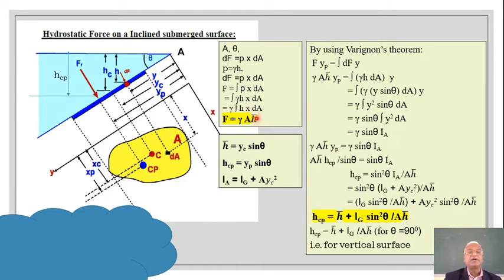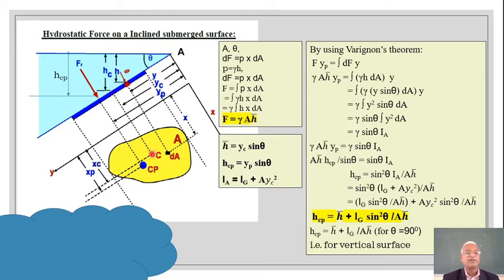H bar, HC or X bar, all the notations are used for this. So what you should remember is, I have highlighted the equation. If you want the resultant force on the surface, it is the specific weight of the liquid multiplied by the area multiplied by the distance of the centroid.